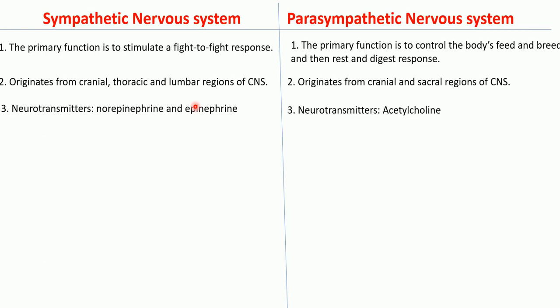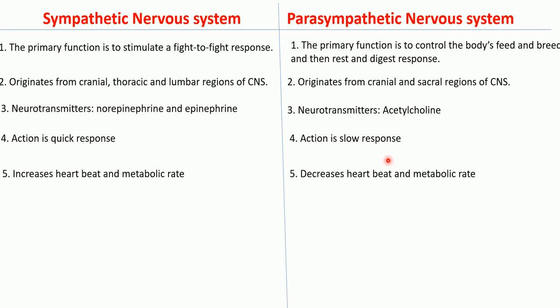Now we will use the mnemonics that I described before to understand the functions of the sympathetic and parasympathetic nervous system in different organs. In the sympathetic nervous system, the action is a quick response because you're fighting or flying, whereas the parasympathetic nervous system is a slow response. Now let's use our mnemonics to understand the differences.